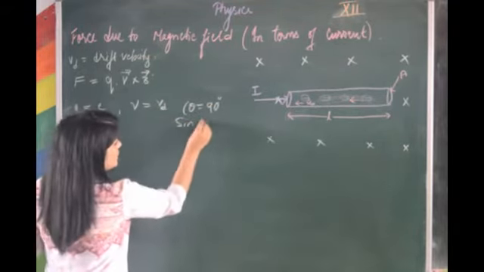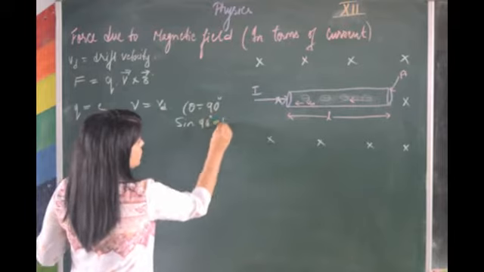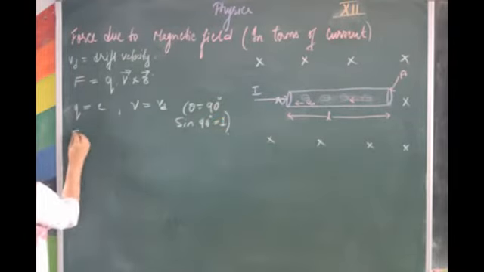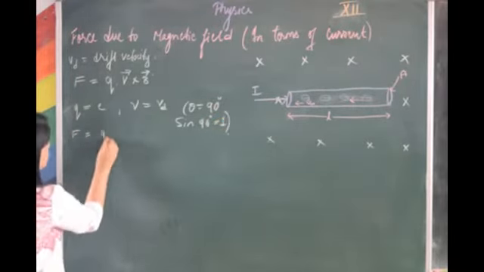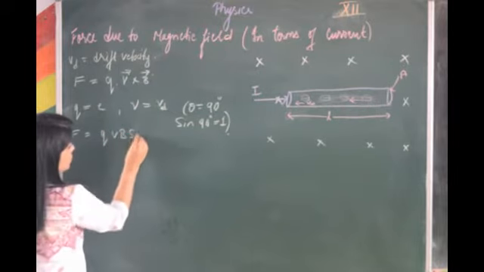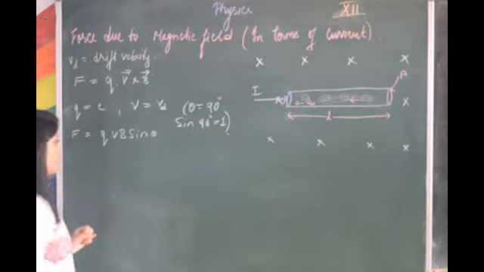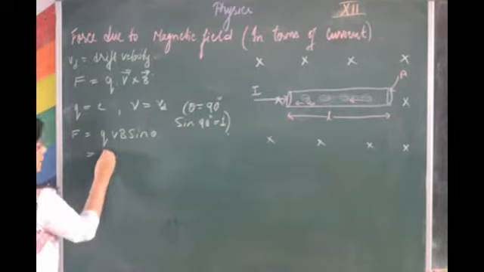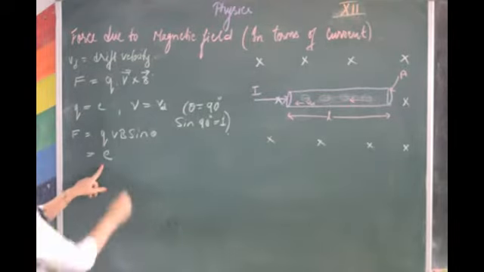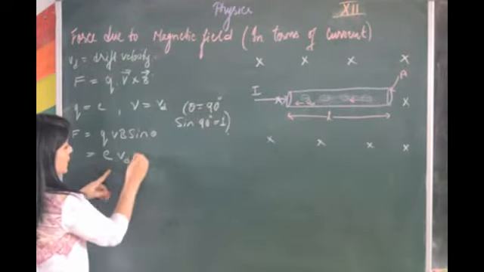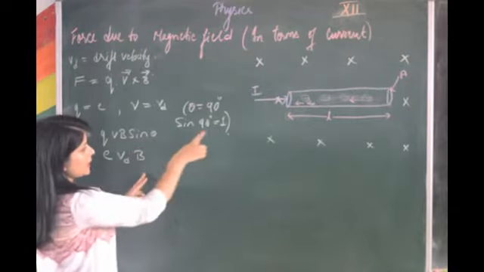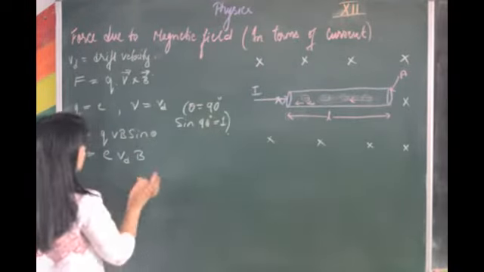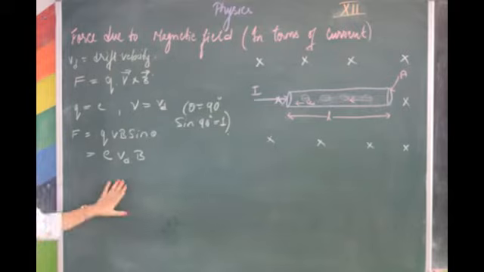So sine 90 degrees will be 1. I am writing this because when we remove this cross product, we can write sine theta. So now in place of Q, that is e, V will be Vd, B remains as B. Sine theta is sine 90 degrees, that is 1, so we do not write that. This is the amount of force.